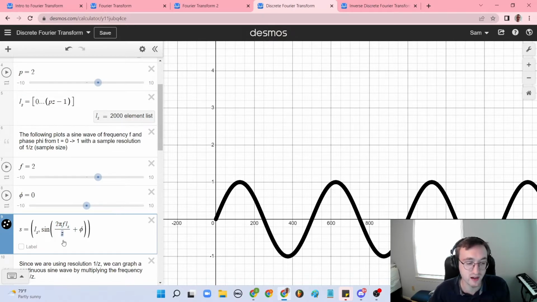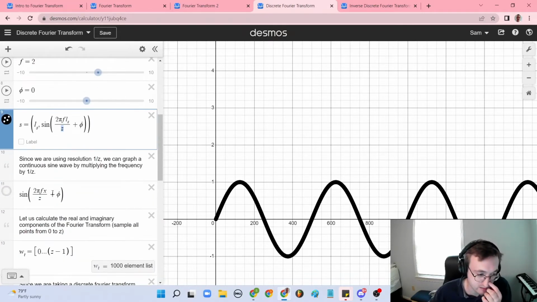And the reason we're dividing by z is because if you look over here, you can see that we have a very big interval. When we work with samples, it's going to be array indexing, which means that they're going to be separated at integer intervals, so 0, 1, and 2. And so in order to get the frequency to line up, we basically have to set the interval to be 1 away from each other.